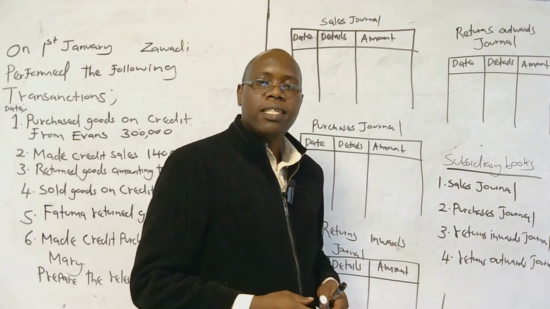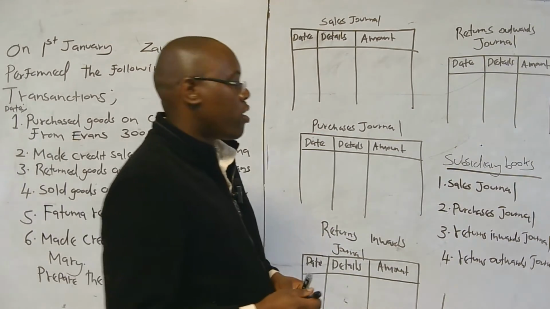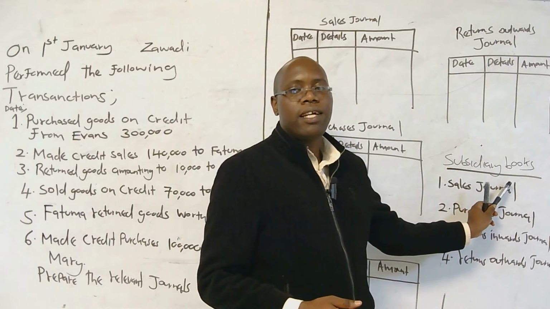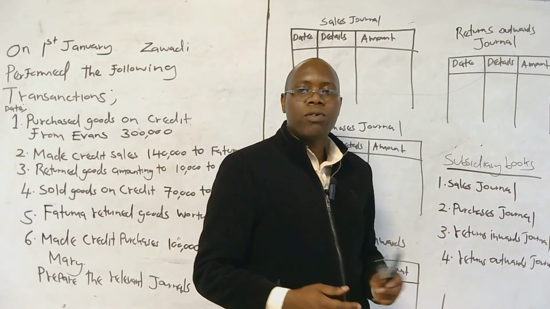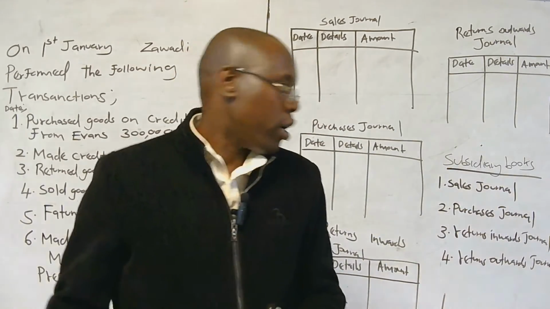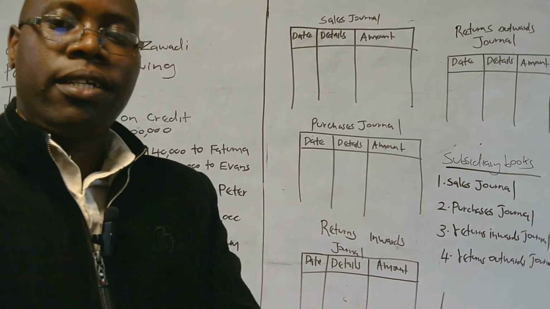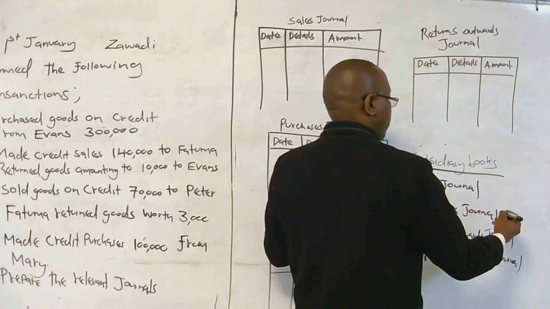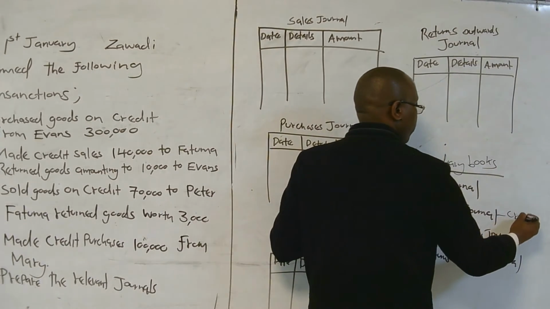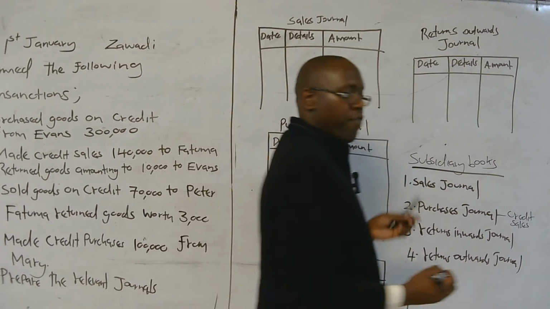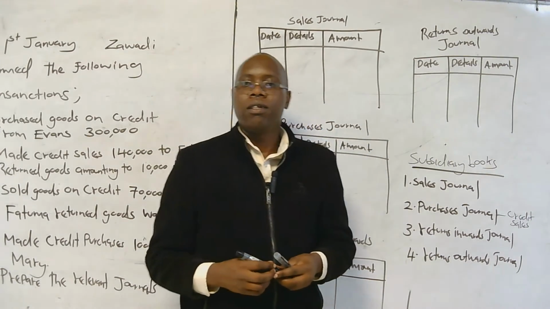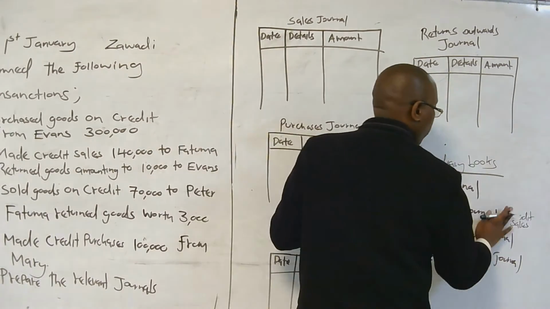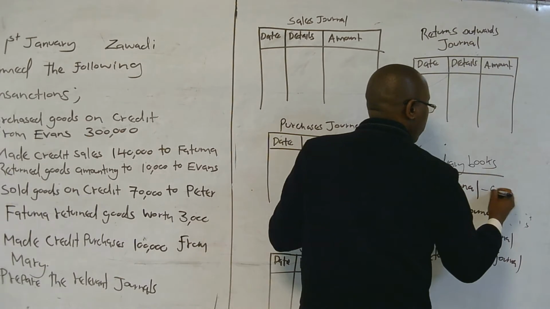Now, the main purpose of preparing the sales journal is that in the sales journal we record credit sales. Whenever you sell on credit, you record it here.